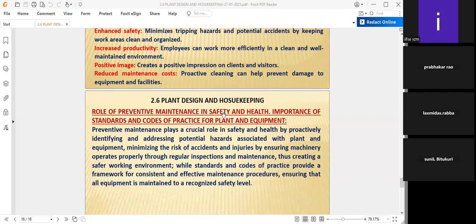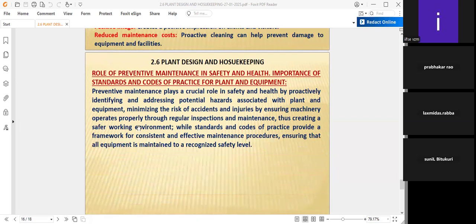Role of preventive maintenance in safety and health, and the importance of standards and codes of practice for plant and equipment. Not only the maintenance or the layout, after the erection we have to maintain the same style as at the initial stage, the same tempo, same cleaning methods, and practices of safety as well as housekeeping.